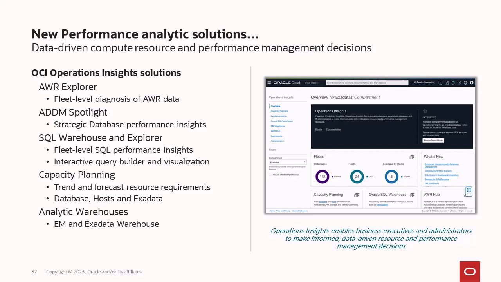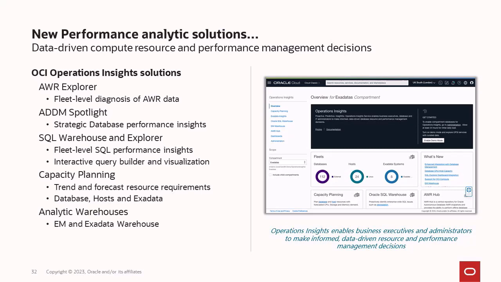AWR Explorer and ADDM Spotlight provide new ways of consuming and interpreting diagnostic reports for your databases. The SQL Warehouse and SQL Insights explore long-term SQL performance metrics to provide trends across your database environments for specific SQL statements. Capacity planning forecasts critical resources for your database and host resources to prevent unexpected bottlenecks or provide assistance in consolidation of environments.